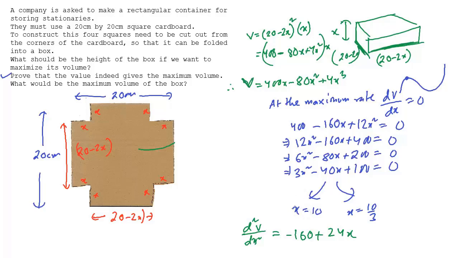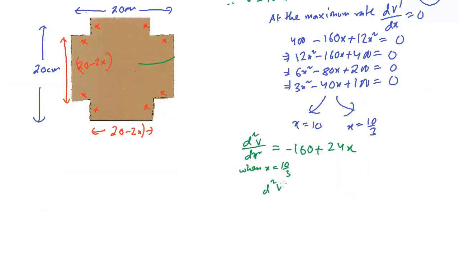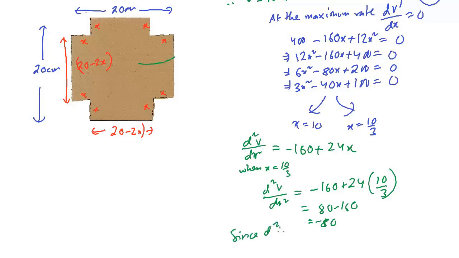If we put 10 over here, 240 minus 160 would be positive. If we put x equals 10 by 3, d2V by dx squared is going to be minus 80. This value doesn't really matter, but what matters is that it is negative. Since d2V by dx squared is negative, x equals 10 by 3 gives the maximum volume.